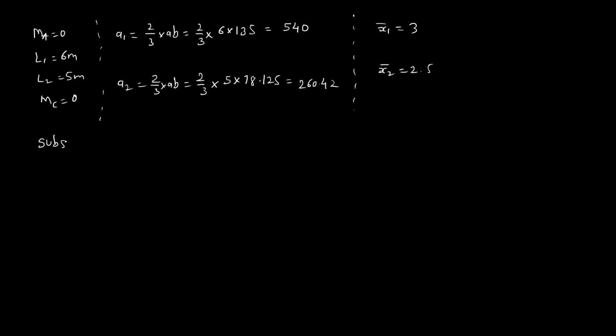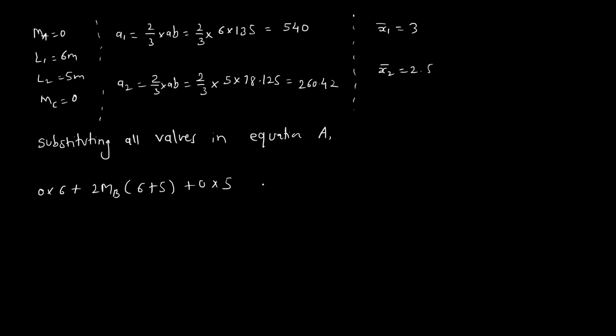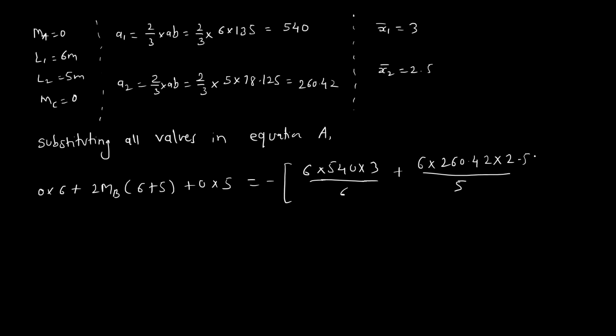Now substituting all values in equation A. So if we substitute all values, this will be 0 into 6 plus 2 MB into 6 plus 5 plus 0 into 5 is equal to minus 6 into 540 into 3 by 6 plus 6 into 260.42 into 2.5 by 5.